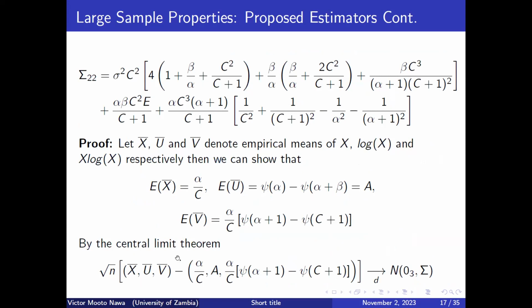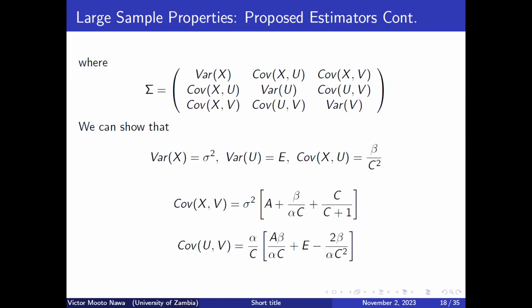And then again, we use the central limit theorem to show that x bar, u bar, and v bar converge to a normal distribution with variance-covariance matrix sigma. And then we evaluate each of these components of sigma. So these are the expressions here.